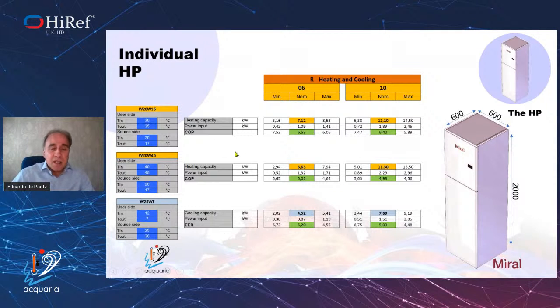In this case, we can see that the heating capacity is roughly 7 and 12 kilowatt for both combinations, with a COP of 6.5 in case of underfloor heating, or 5 in case of fan coil. And the cooling is 4.5 and 7.7 kilowatt cooling capacity, with a COP of 5.2 and 5.1.